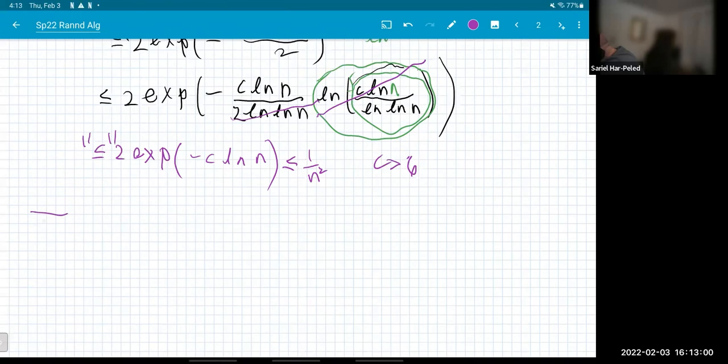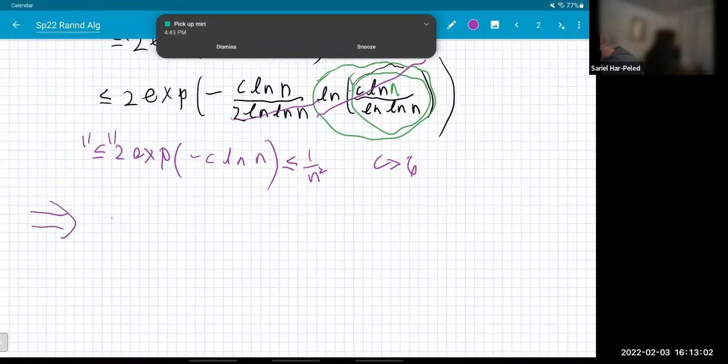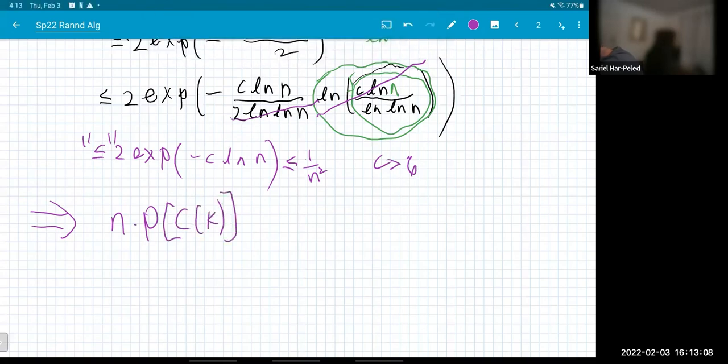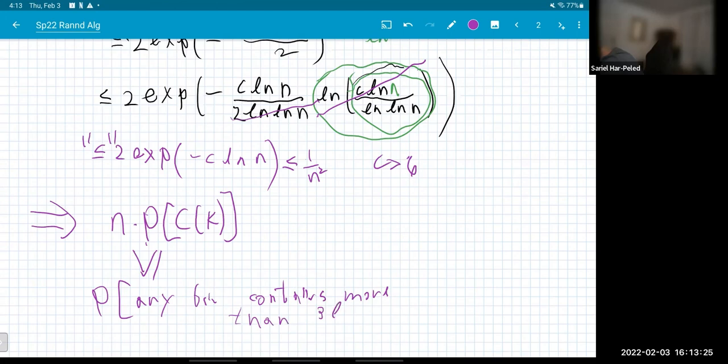So the implication is that we have N bins, right? This is C of K. This is an upper bound on the probability that any bin contains more than, what was it, 3 ln N over ln ln N balls, right?